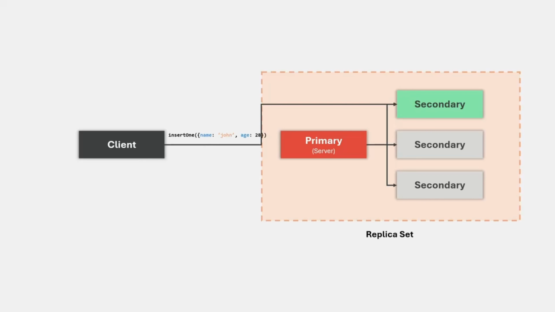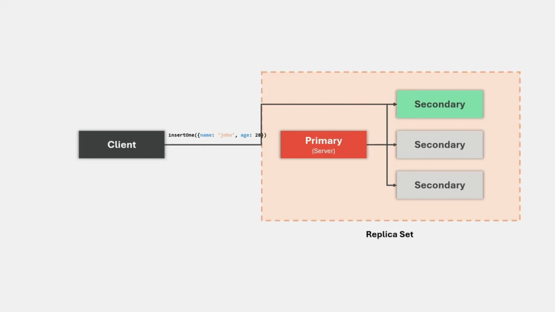And in case the primary server goes down, one of the secondary servers becomes the primary server. So secondary servers are basically the backup of the primary server. Now, we will talk about replica sets in great detail in the future lectures of this course, but I hope you have got a high level overview of what a replica set is.